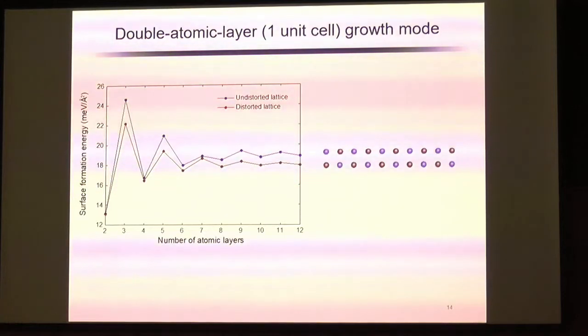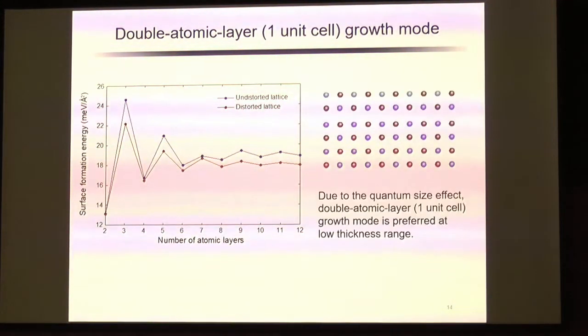So in the very thin thickness region, we always have the two-layer growth mode. That's why we got 1 unit cell, 2 unit cells, 3 unit cells, like that. But if you increase the thickness, the energy difference becomes smaller, and then you can get both odd and even numbers.